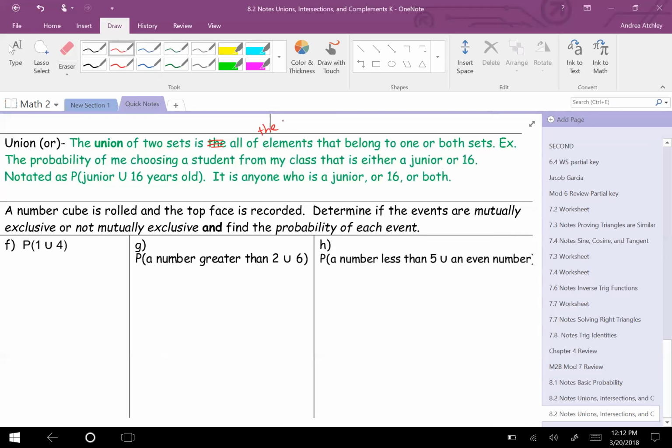So it's the probability of me choosing a student for my class that is either a junior or 16. It is notated as the probability of junior, then a normal U, the union, and 16-year-old. It is one who is a junior or 16 or both.